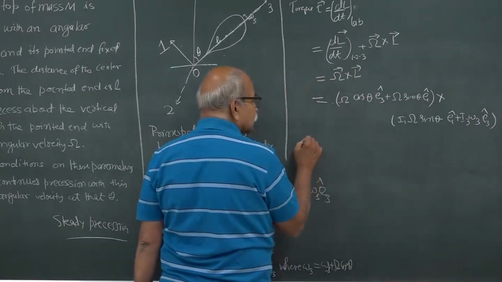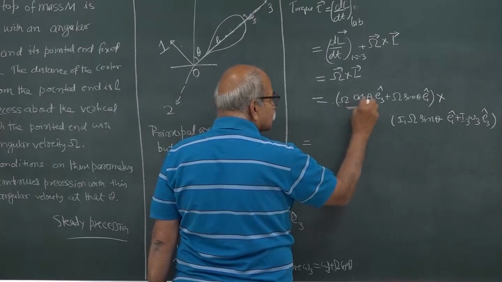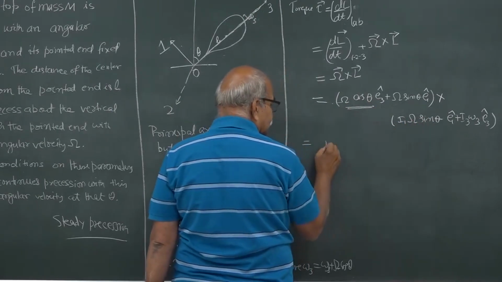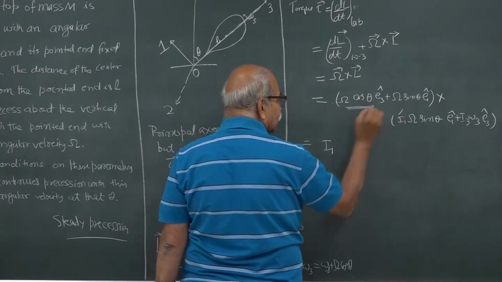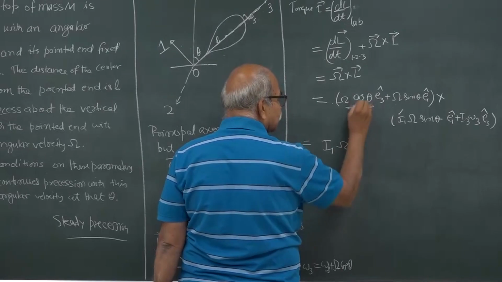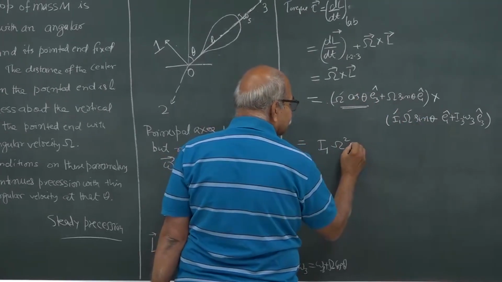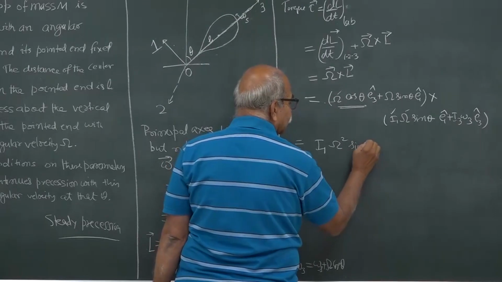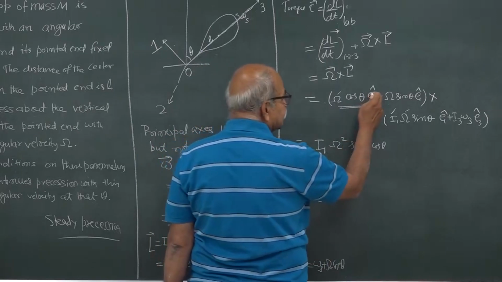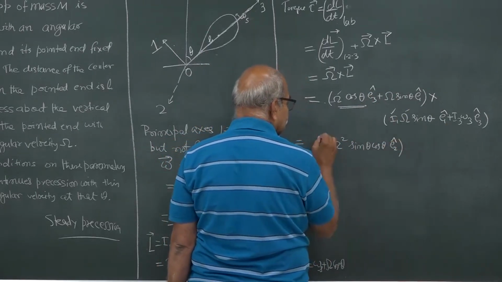So let us do this, with this Omega cos theta and I1 Omega sin theta. So it is I1 Omega square, then I have cos theta and sin theta, and then we have E3 cross E1, which is E2 cap. This is this term.